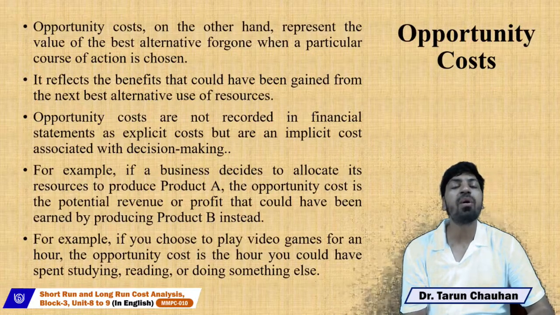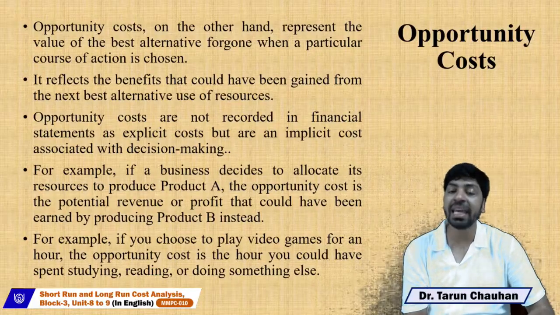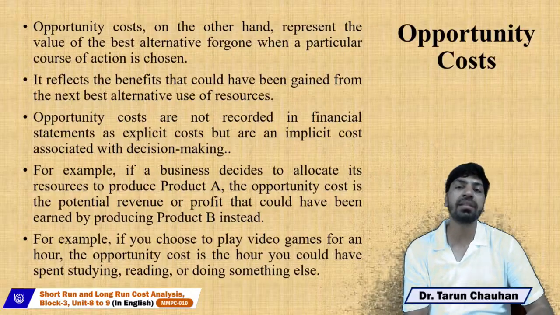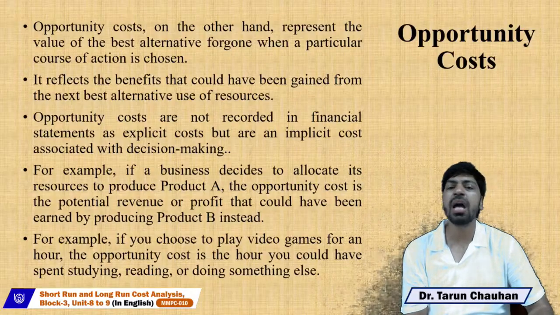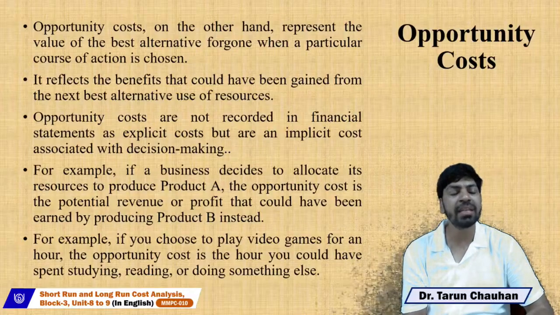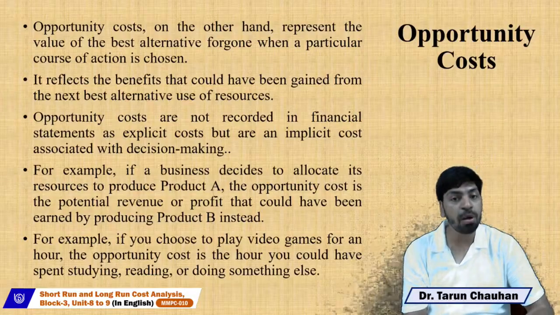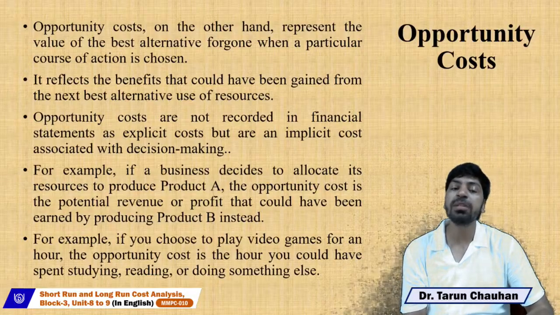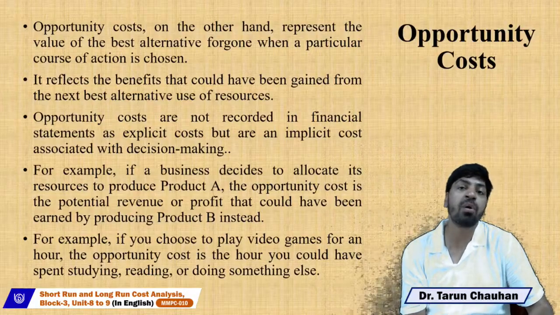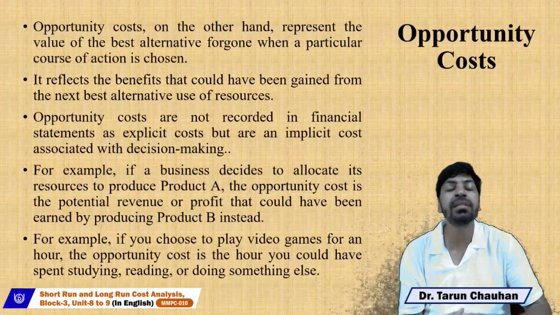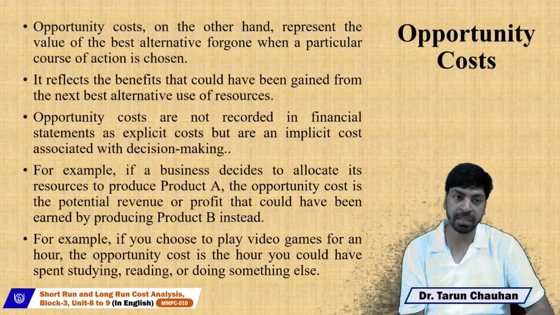It also reflects all those benefits that you could have gained from the next best alternative use of resources. Such costs are not recorded in the financial statement. Explicit costs are recorded, but implicit costs are related to decision making, as opportunity costs deal with the decision making process of a particular business organization.